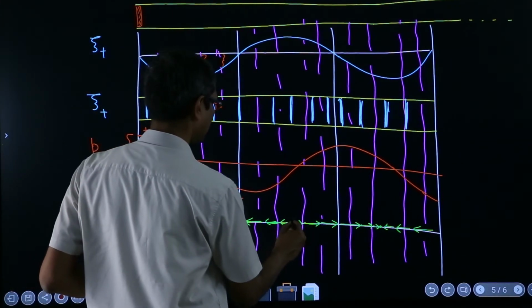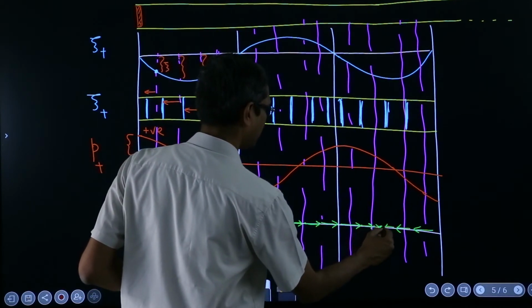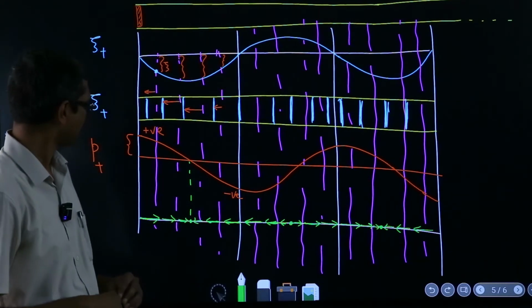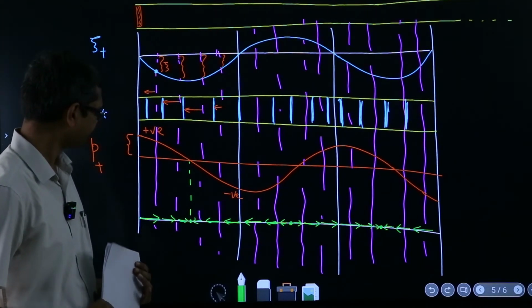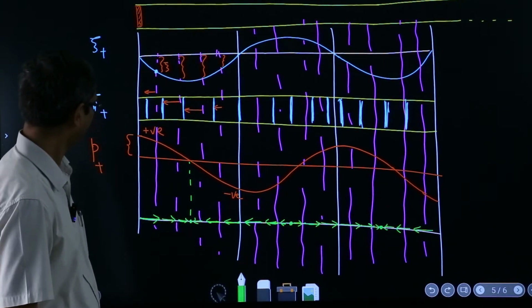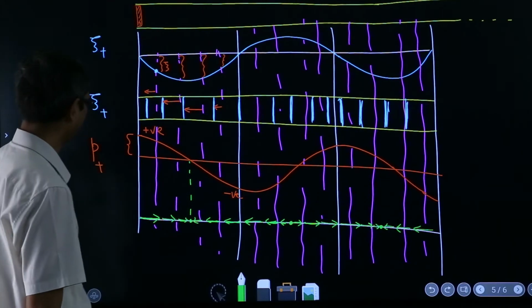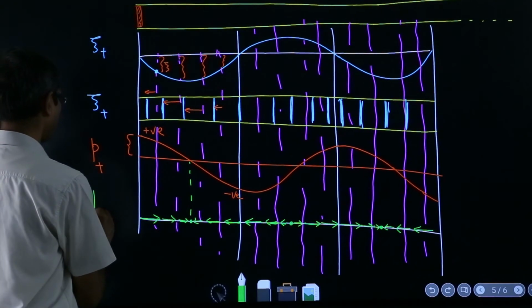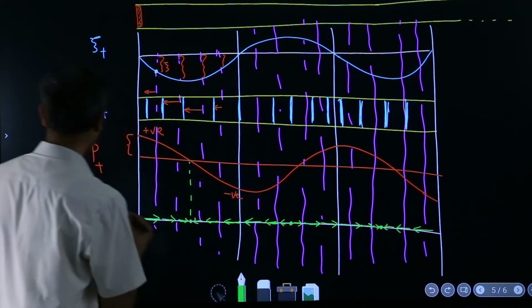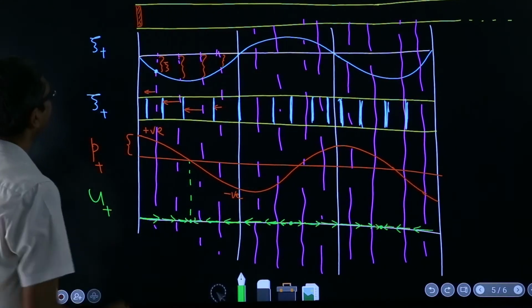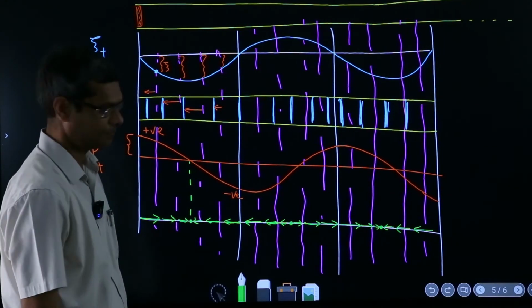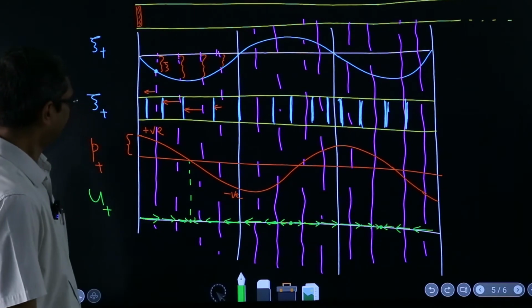So this is how the velocities will be. Sorry, these are u plus.